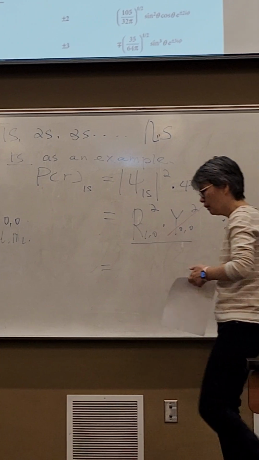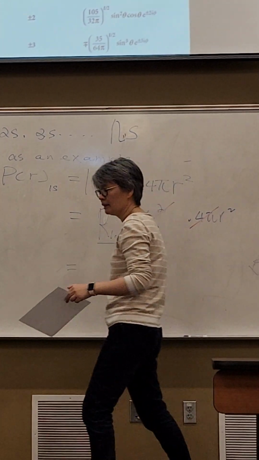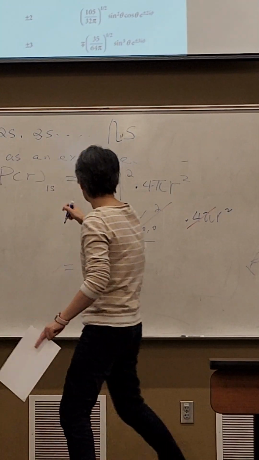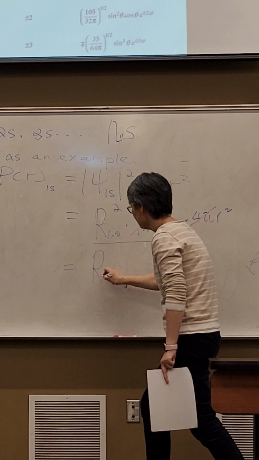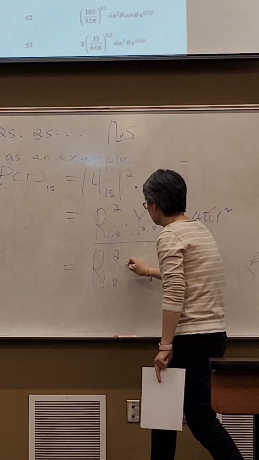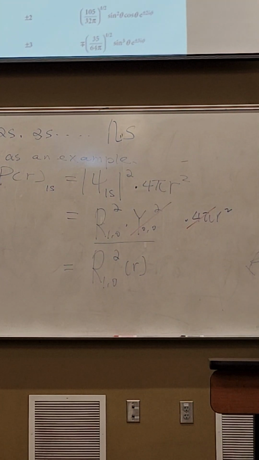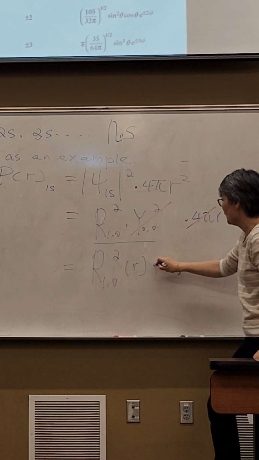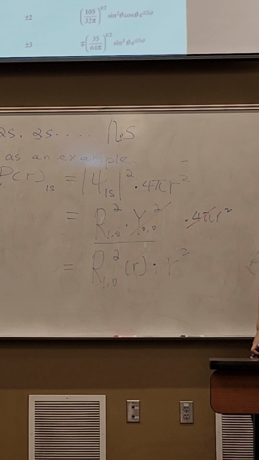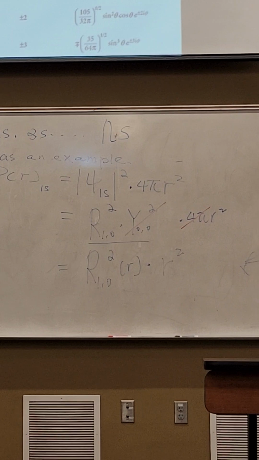So therefore, what you really have, guys, for the 1s, of course, is the radial component of the wave function, which depends on the variable r, times r squared. That is your exact expression for the radial distribution function for the 1s orbital.